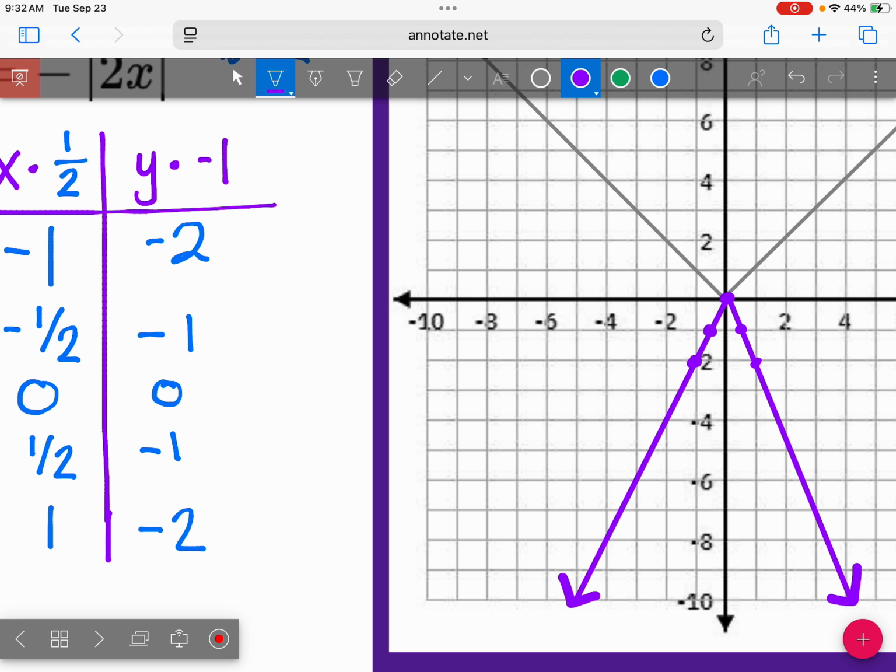And we can see how with that B of 2, we got that horizontal compression where it squeezed these together. These are the points of my parent function, and they got squished in. They got closer together.